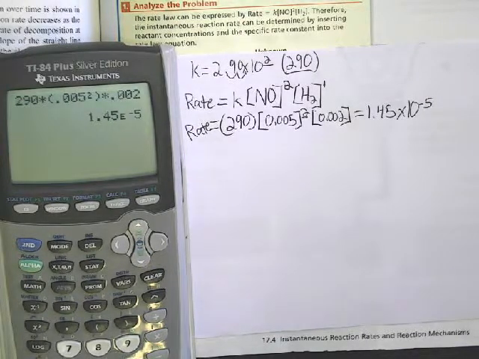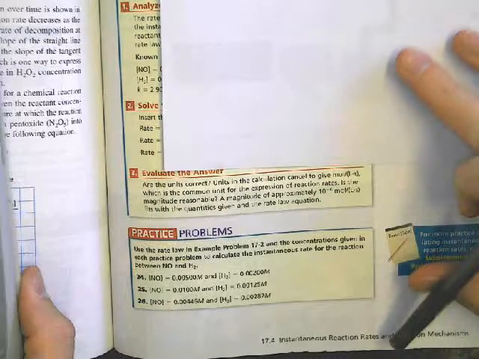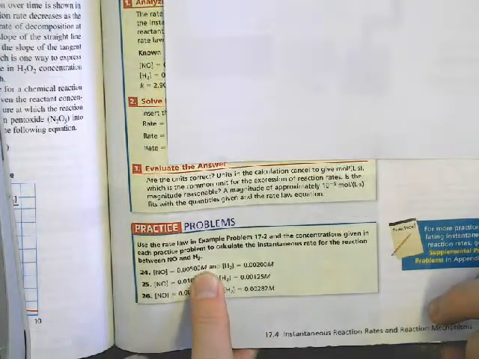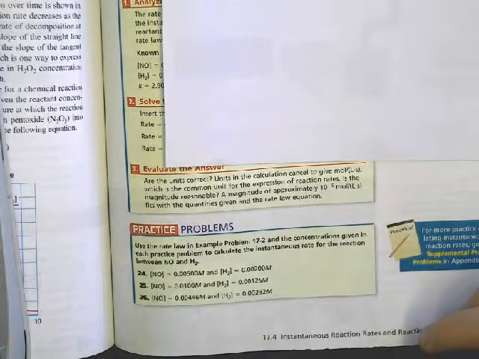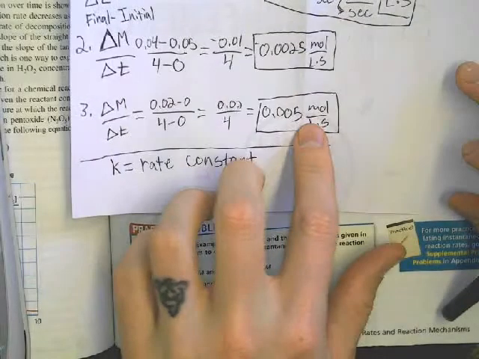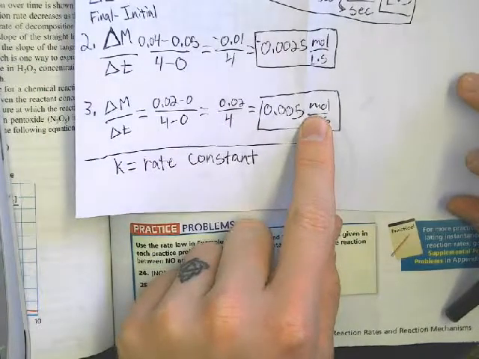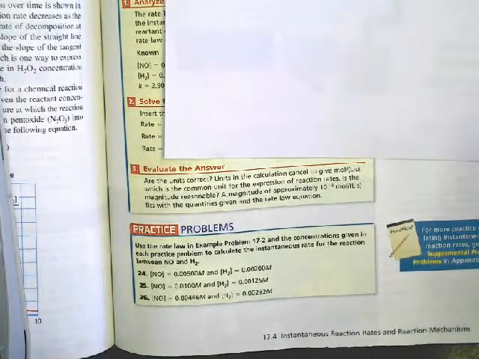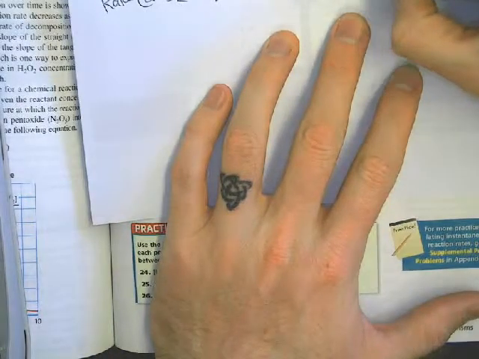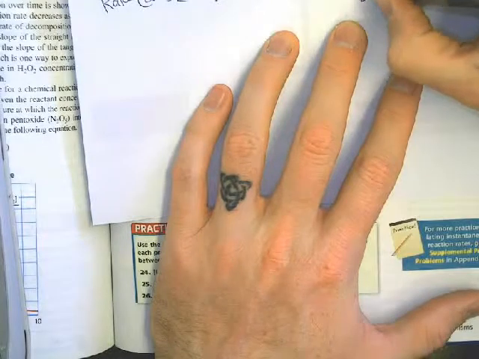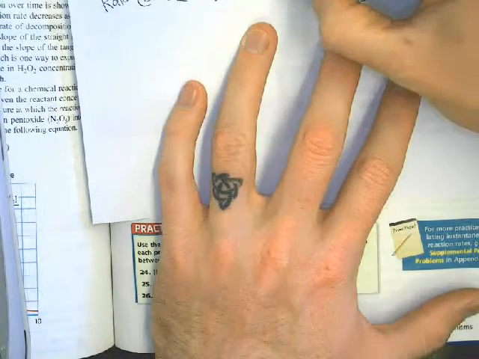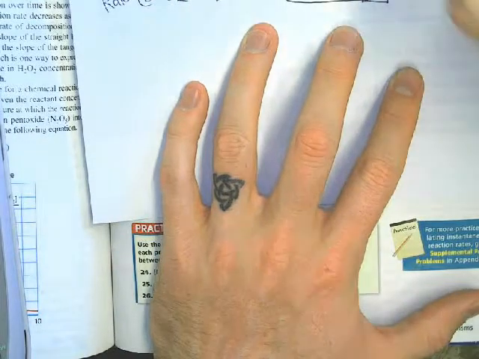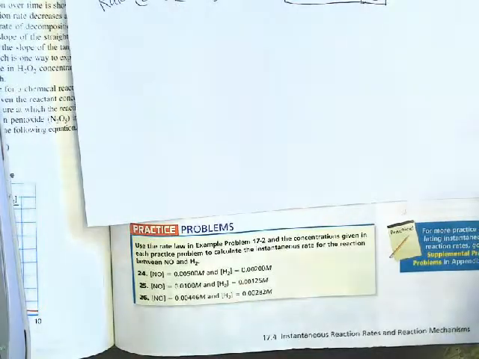So something over time. Now what are we measuring? Down here, it's molarity, right? That big M. So what did we get for our last ones? We ended up getting rate equals moles divided by liters times seconds. So you're actually going to be getting the exact same thing.